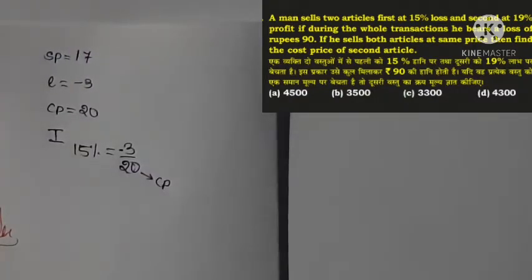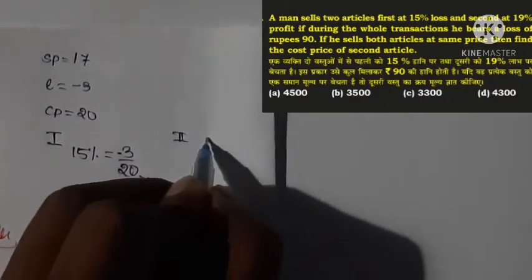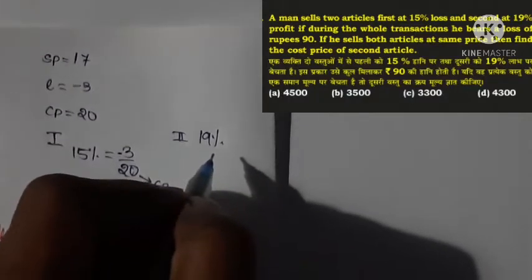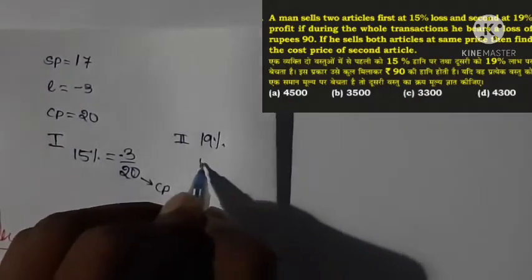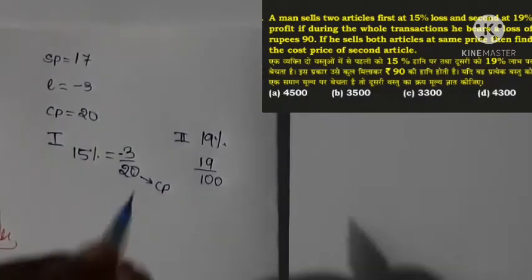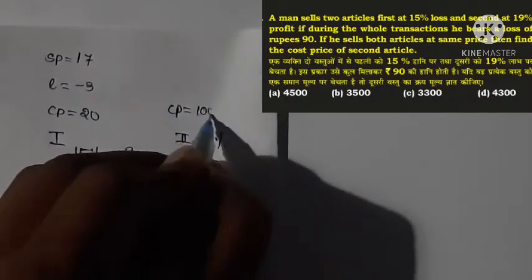The second is sold at 19% profit. So 19% can be written as 19 by 100. Say the cost price is 100.